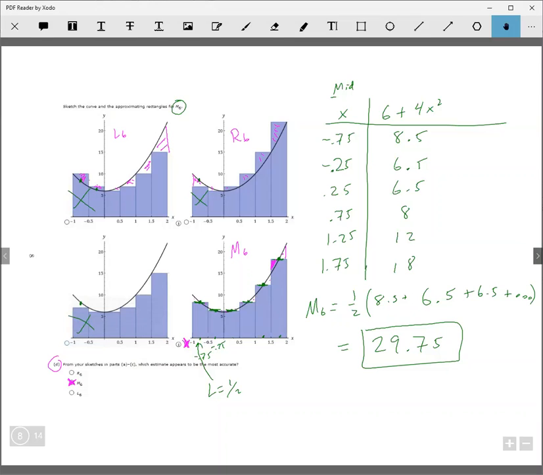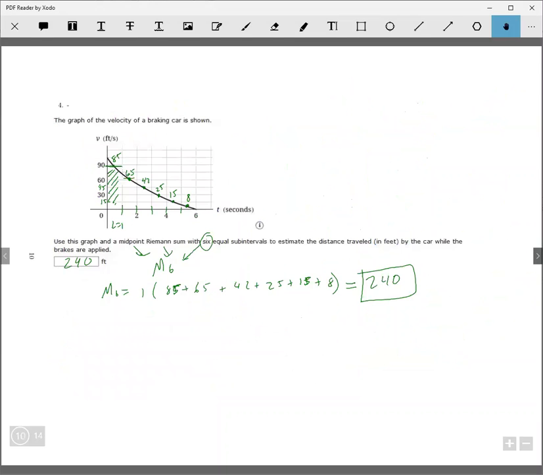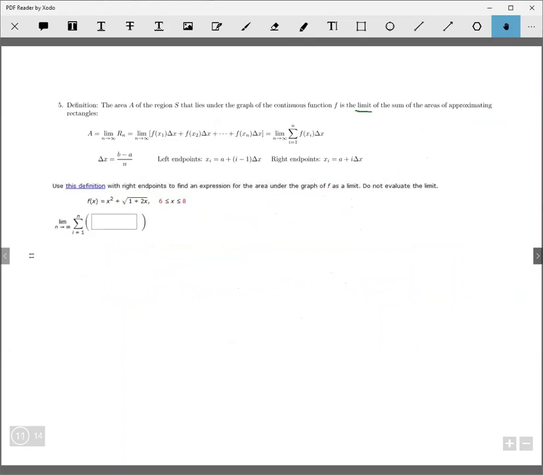And you can actually calculate that in a lot of cases. For example, right here, we can actually calculate what that is. Using left endpoints, that's going to be Ln, and using right endpoints, that's going to be Rn.